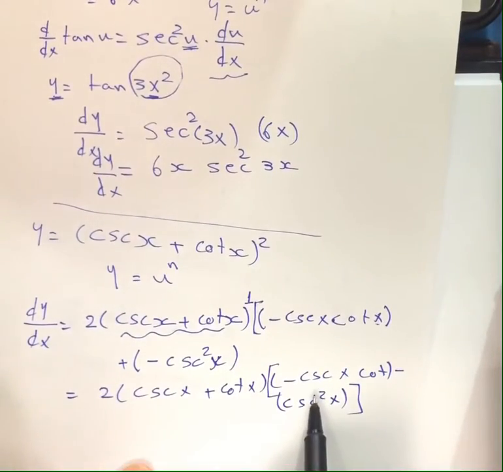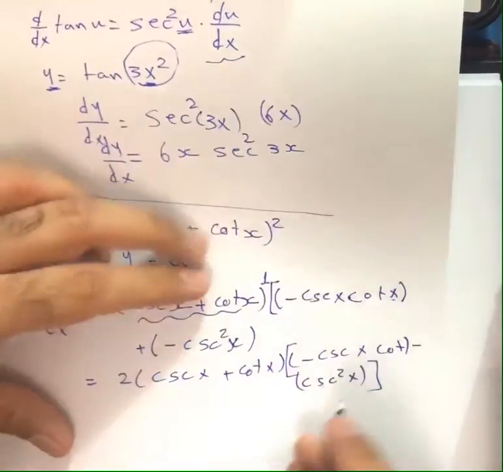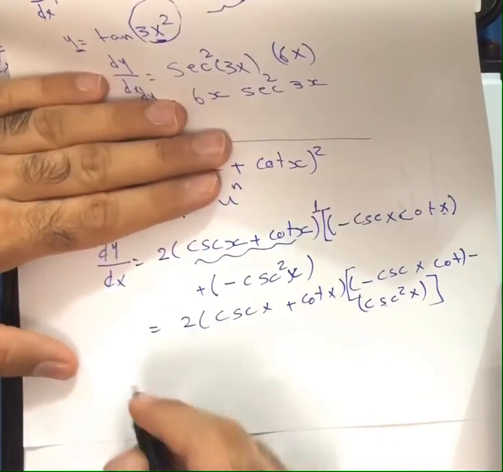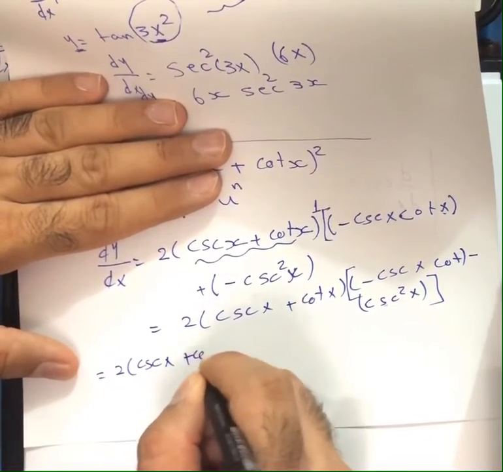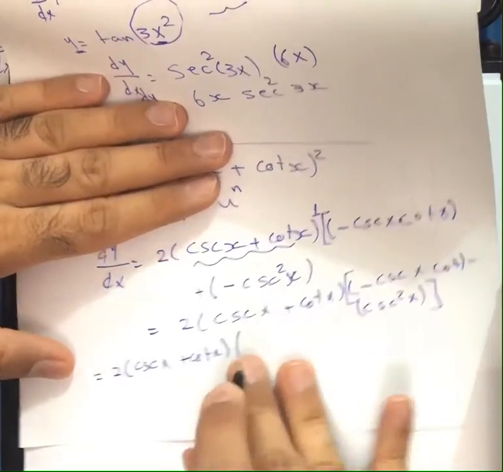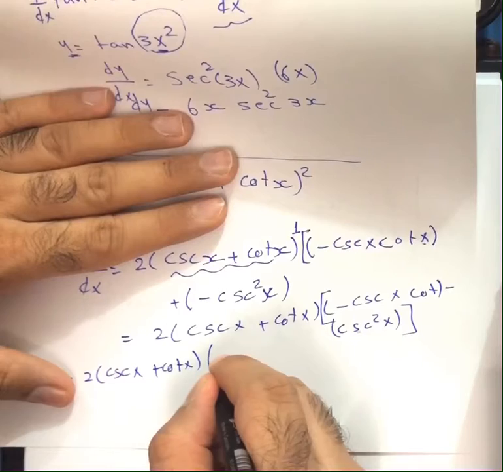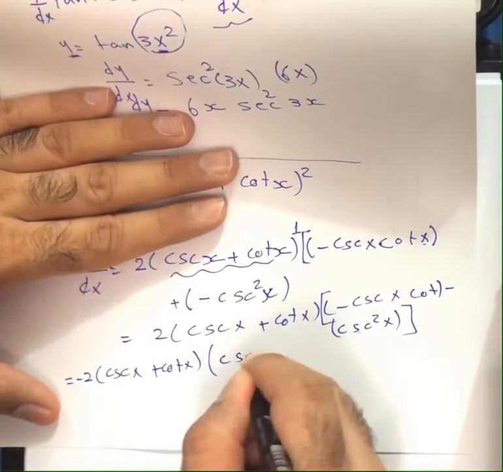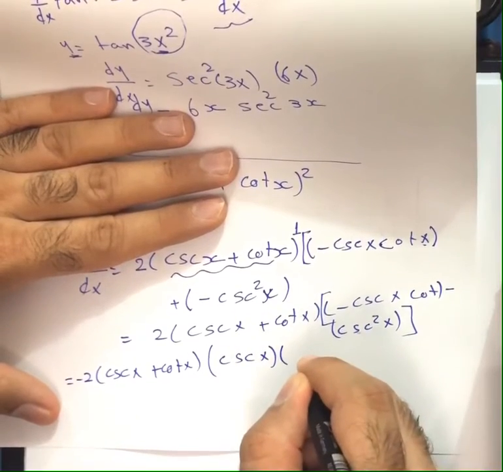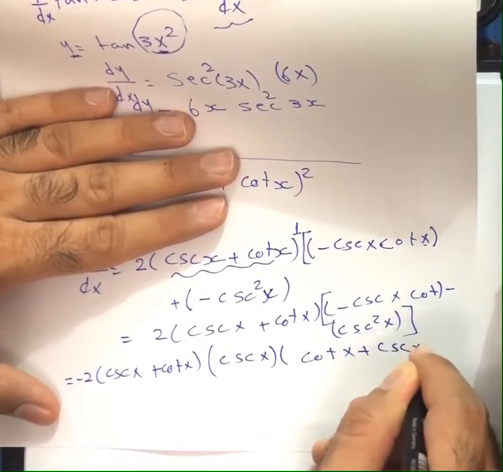Now I can take a common factor, which is cosec, and this is cosec square, so it is possible to write it like this: 2 cosec x plus cot x multiplied by cosec, and the minus sign can be taken as a common factor, so minus will be written here, and this will be cosec x, and then I have cot x plus cosec x.